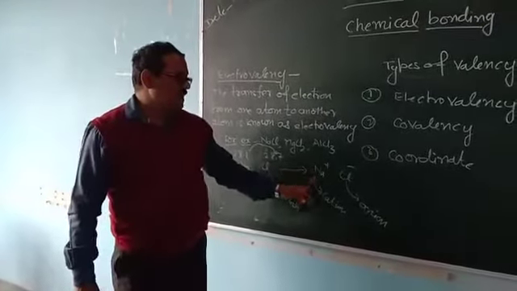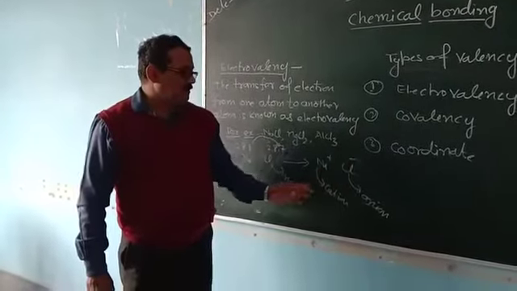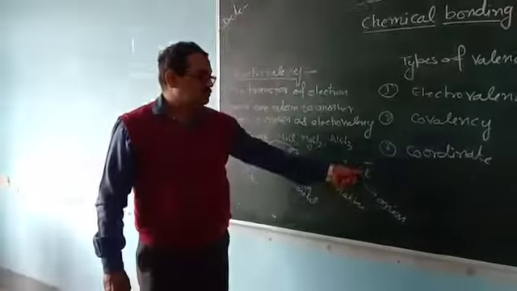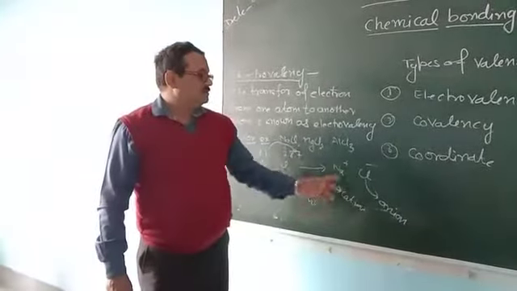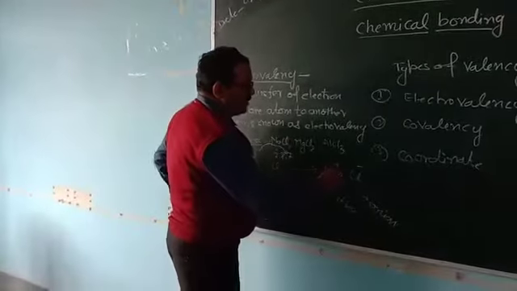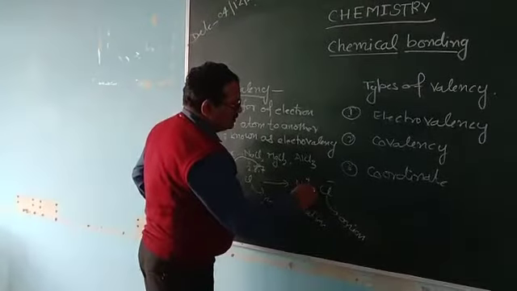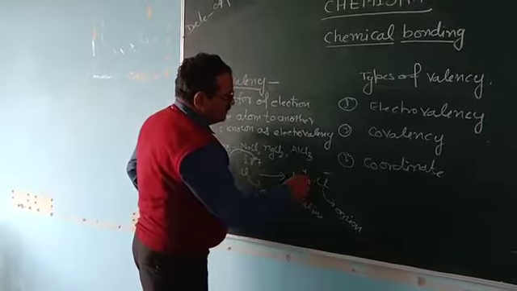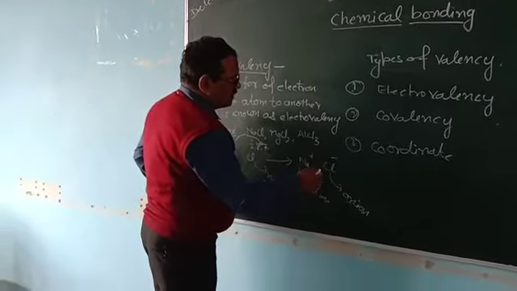The sodium ion and chloride ion have positive and negative nature, and between the two ions there is a relation formed by the transfer of one electron.